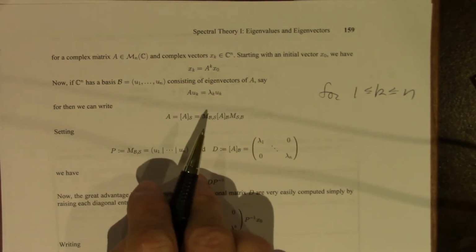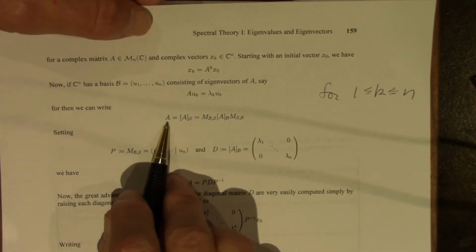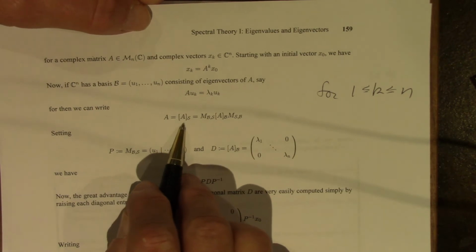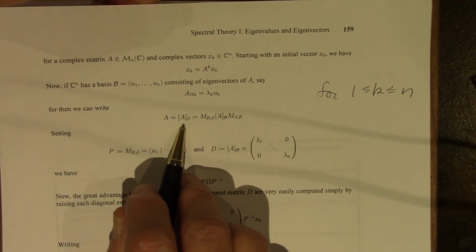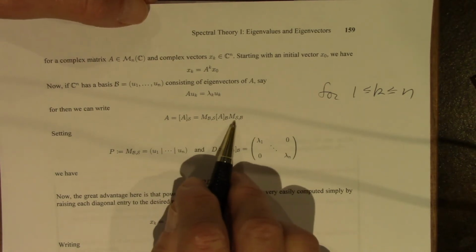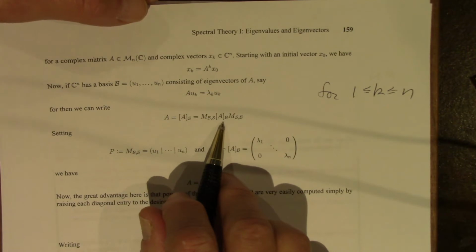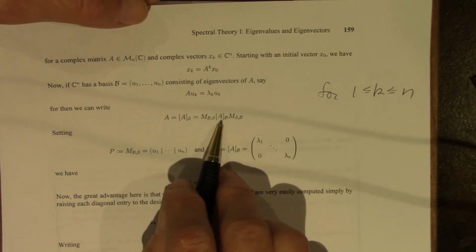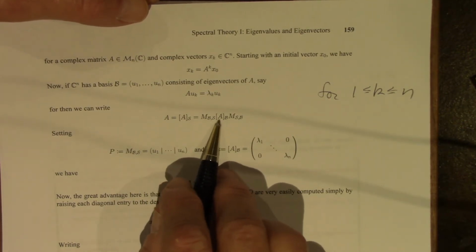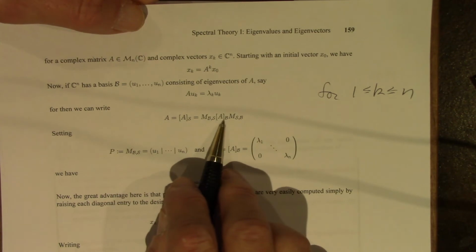Then we can write matrix A, which is of course its own representation with respect to the standard basis. This is the change of basis formula, this change of matrix representation formula. So this is the representation of A with respect to B, the eigenbasis.